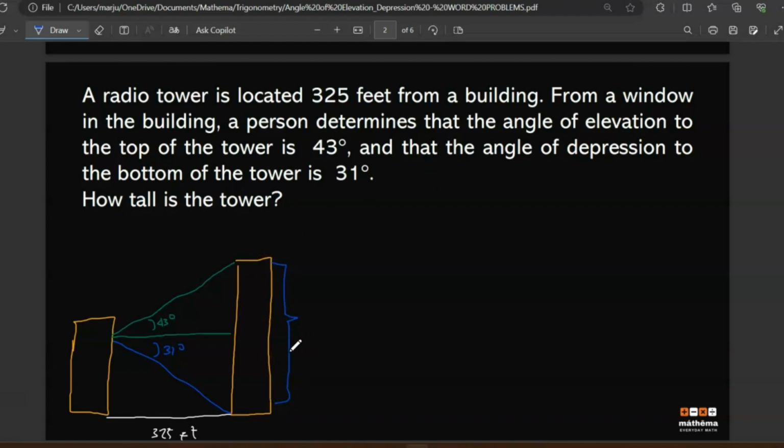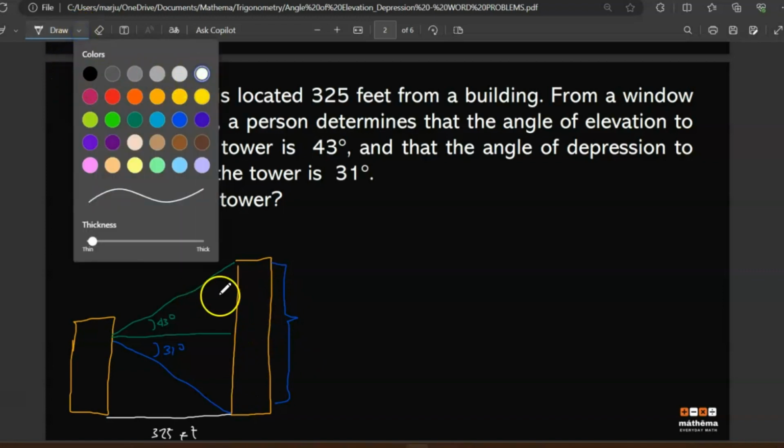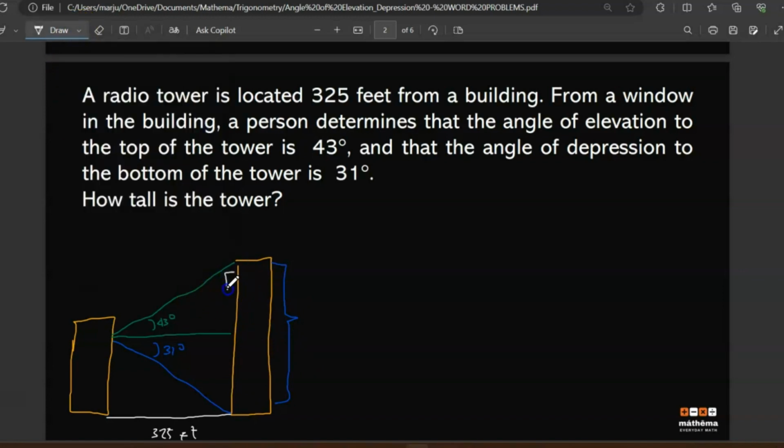Now to find the height of the tower, we need to find this measurement and this measurement, and then we are going to add them together. So let's label this one as our x and this will be our y. Now using the 43 degrees, how to solve for x?